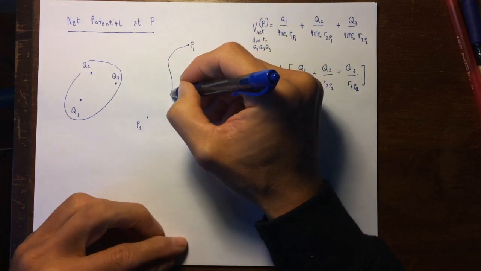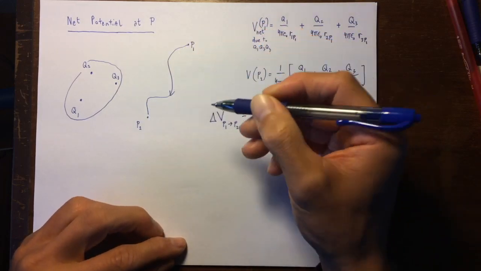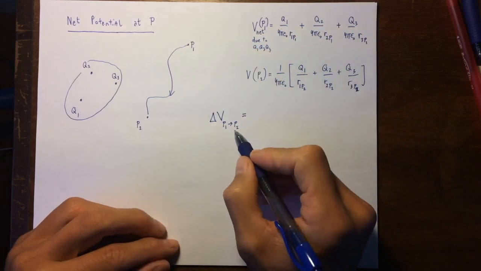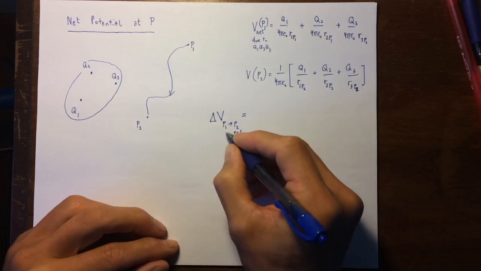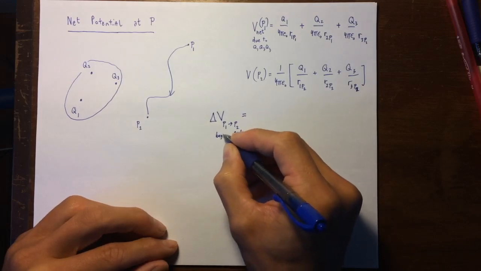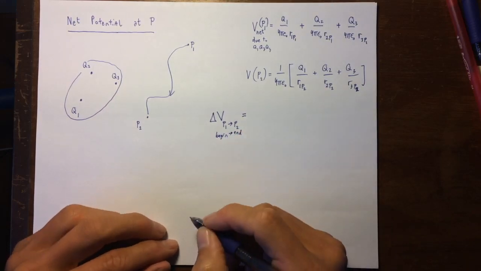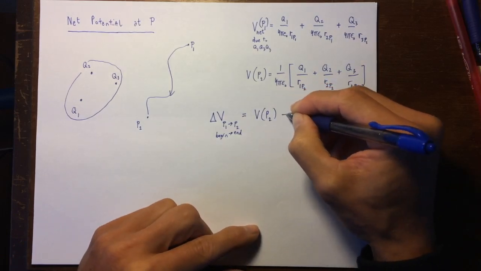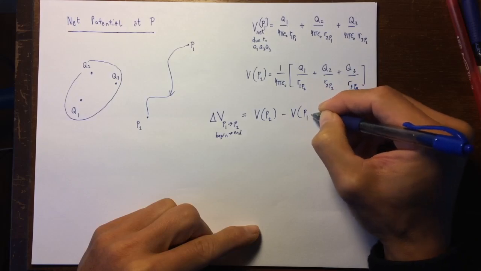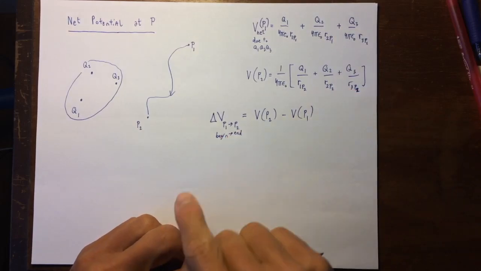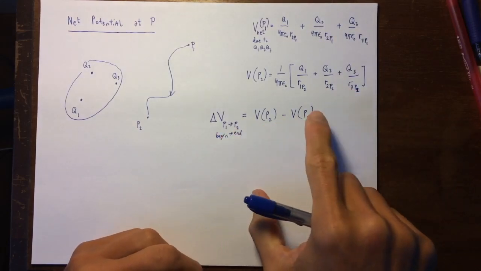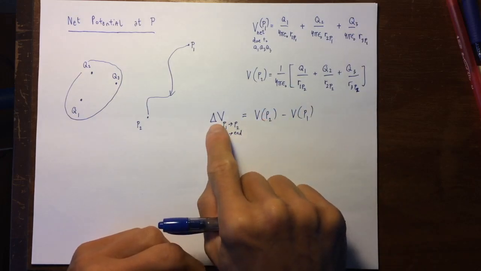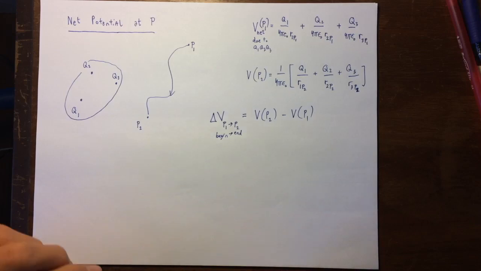You imagine some way to think about the difference between 1 and 2, where 2 is the end and number 1 is the beginning, right? Beginning to end. This is the potential at P2 minus the potential at P1, right? In this order, where you start at P1 and you get to P2. And that's how you calculate the difference. This is the difference in the potential.